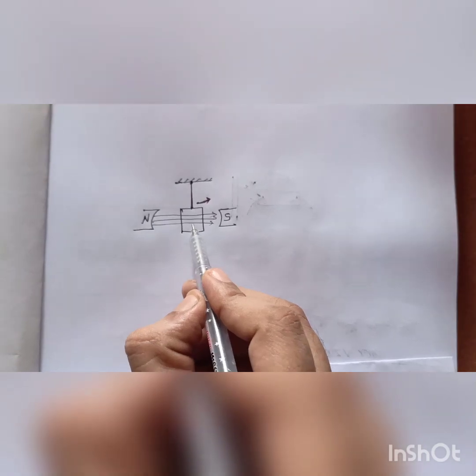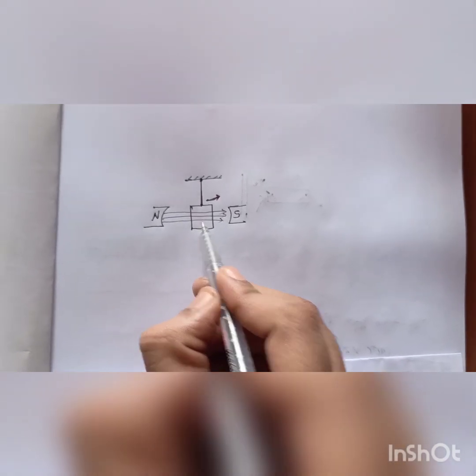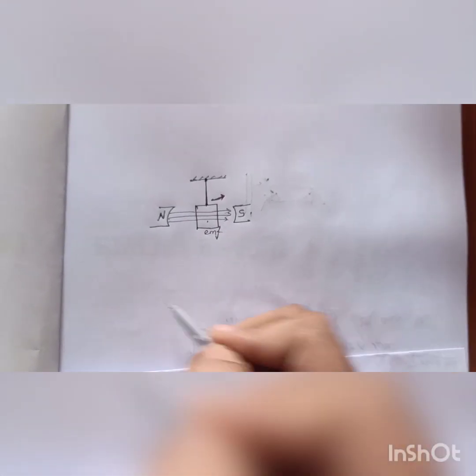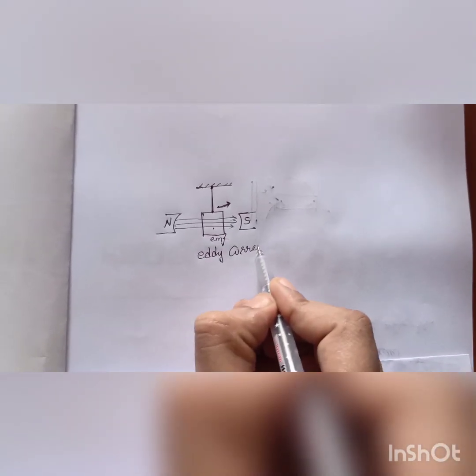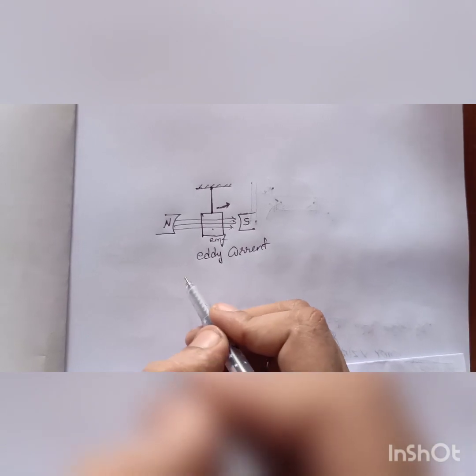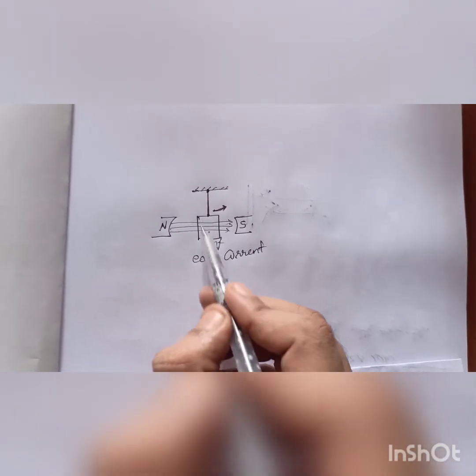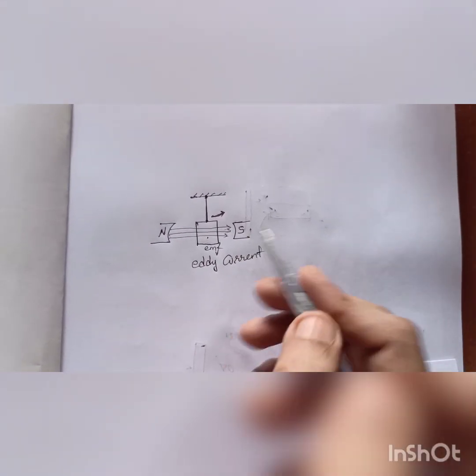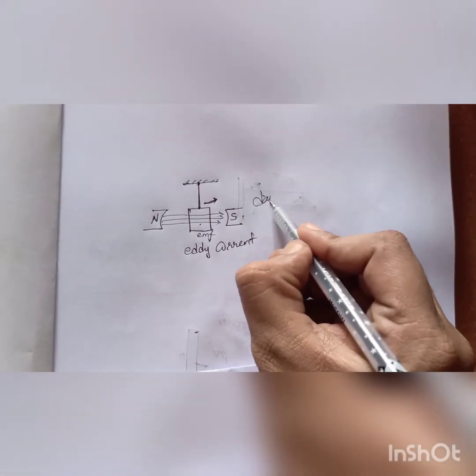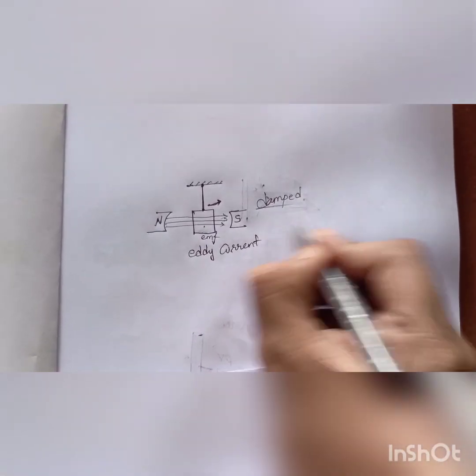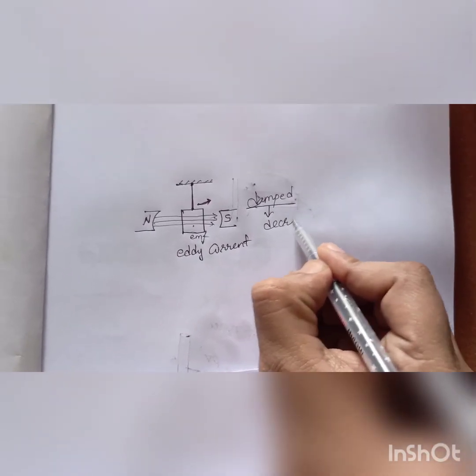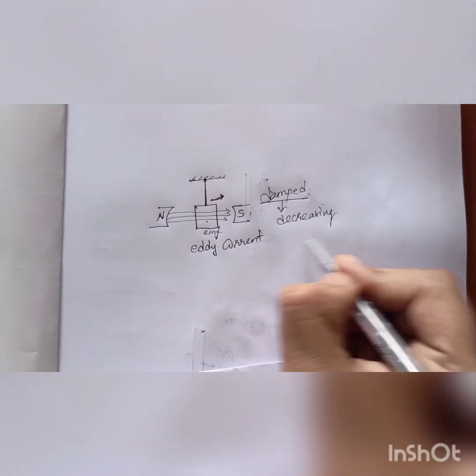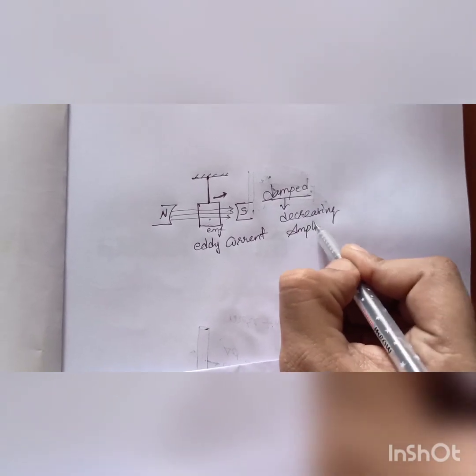Whenever there is some change in magnetic flux, some EMF will be induced in it, which produces eddy current, and that eddy current will oppose the motion of this copper plate. Therefore the oscillations will be damped. What are damped oscillations? The periodic oscillations of decreasing amplitude are called damped oscillations.